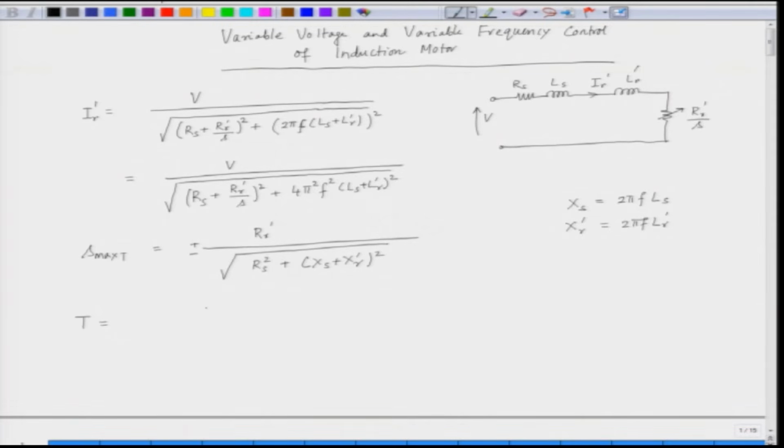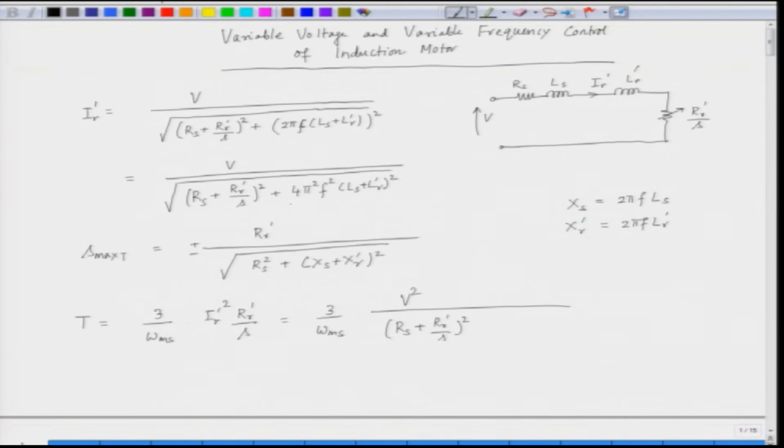Torque is given as 3 by omega m s into I r prime square R r by S. So, that is 3 by omega m s into V square divided by R s plus R r prime by S whole square.